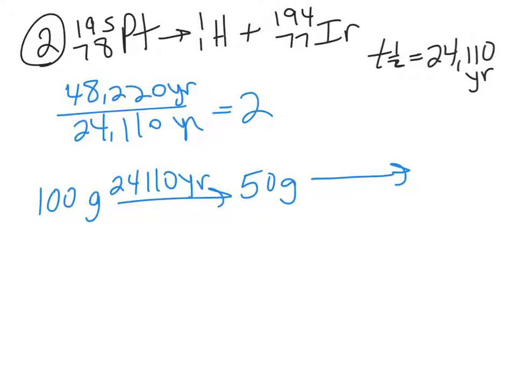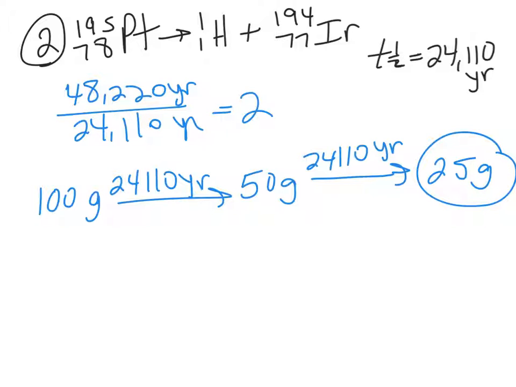And then after another 24,110 years, we would have 25 grams left as the original platinum-195 that has not reacted. The other 75 grams did go through the reaction and form iridium. So the answer to the question would be 25 grams. So you can work the rest of the problems on page 23.